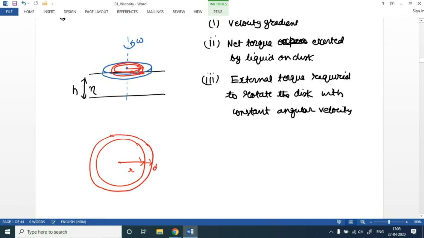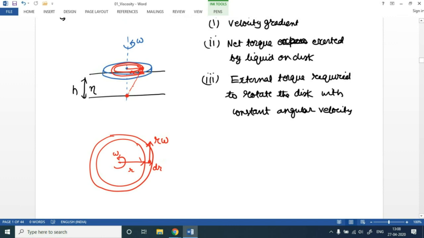and this is dr. Obviously, if this is rotating with angular velocity omega, this point will be moving with r omega. So this point here is moving with r omega, and this layer of the liquid is stationary.